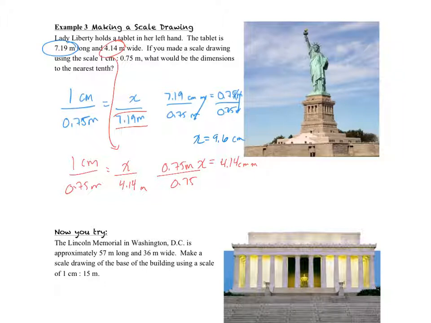Divide both sides by 0.75 meters. We end up with some amount of centimeters here, 4.14 divided by 0.75, 5.5, because this is round to the nearest tenth, centimeters.